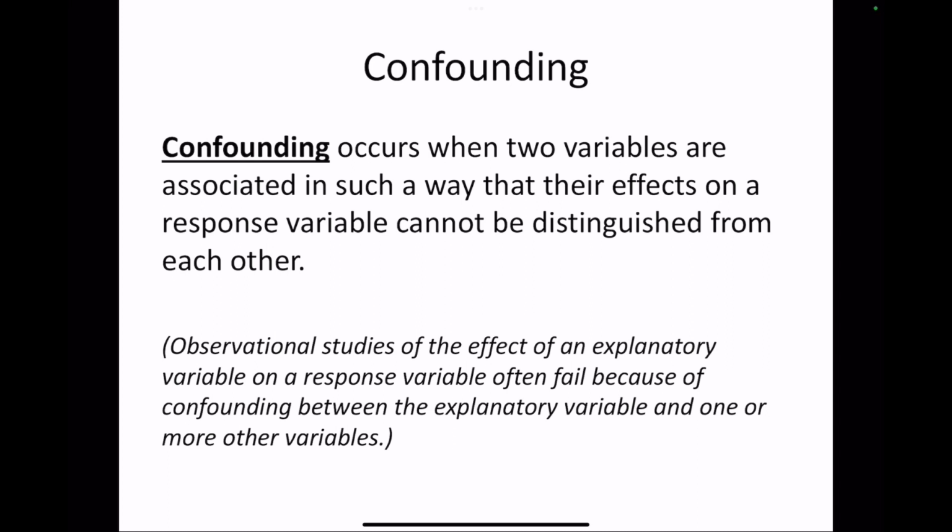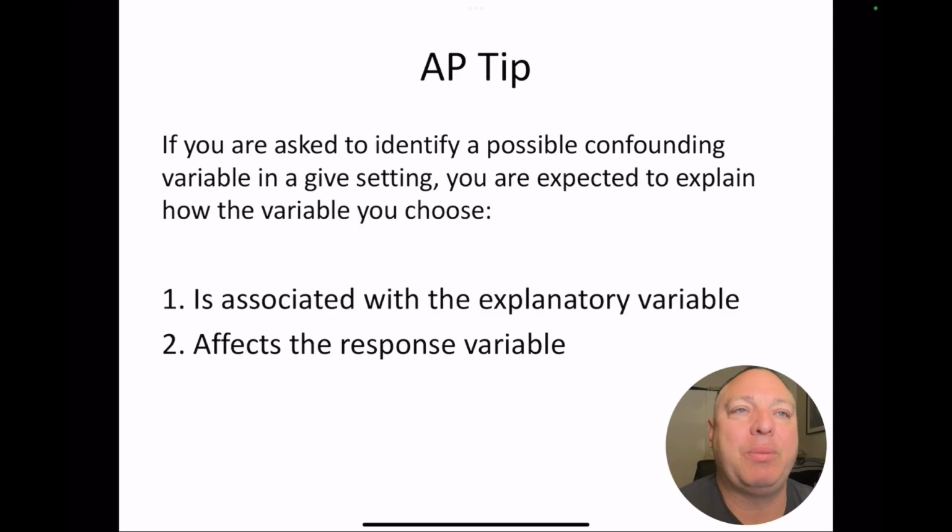And the best way to describe this is by looking at an example. So if we're asked to find this possible confounding, we need to give some sort of a plausible story about why it would connect to the variable that we're looking at and how it affects that response variable. And common sense is all that's really required here.